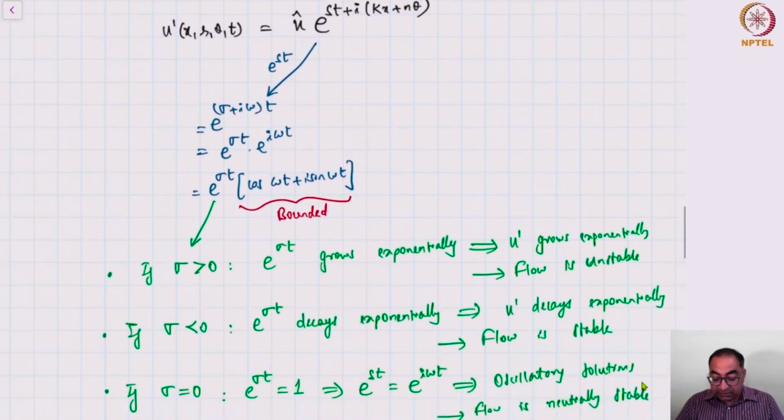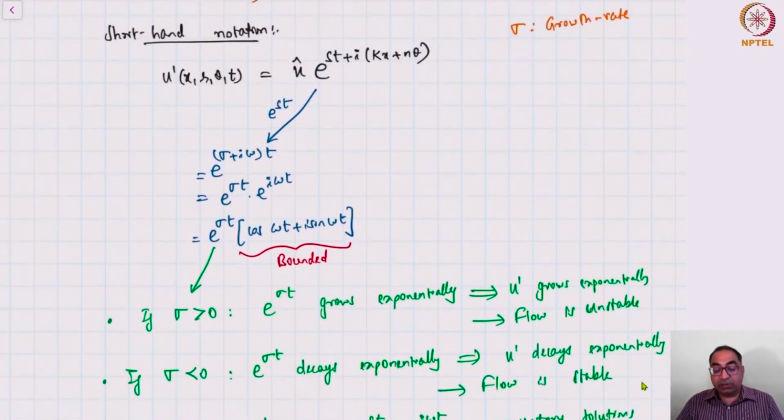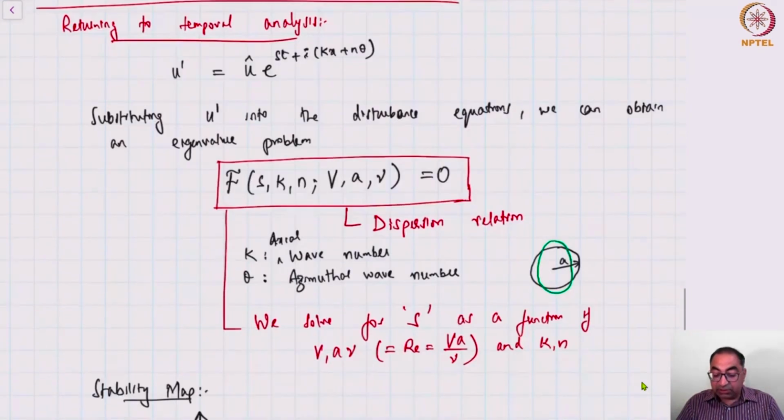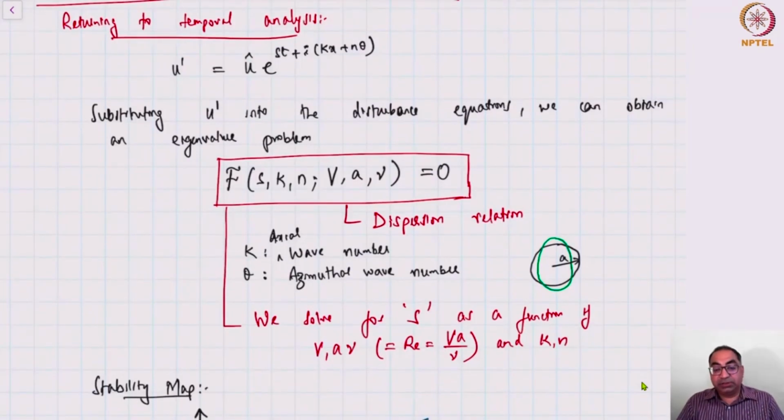And then finally, after taking the normal mode form, the goal is to get something called the dispersion relation. Depending on the complexity of the problem, sometimes this dispersion relation can just be a simple polynomial equation for S as a function of other parameters, or it could be a transcendental equation.